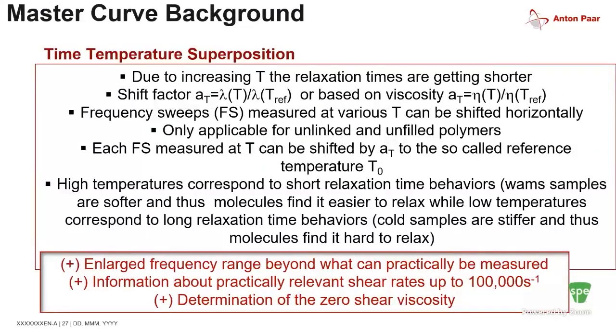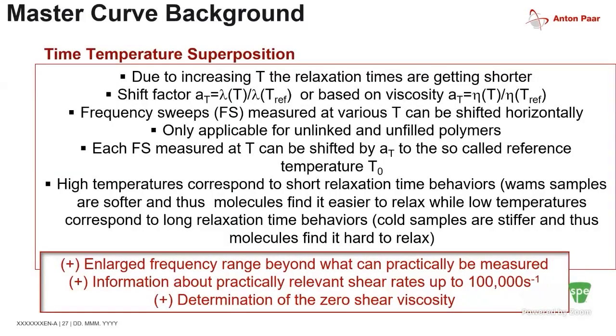Now, in the case of frequency sweep data, we're limited on a rheometer to about 100 hertz or 628 radians per second, depending on how you see that. And so to get to higher and higher shear conditions, or to replicate that, we can use what's called time temperature superposition. What we know is that as you increase or decrease temperature, the relaxation times get shorter with increasing temperature, and they get longer with decreasing temperature.